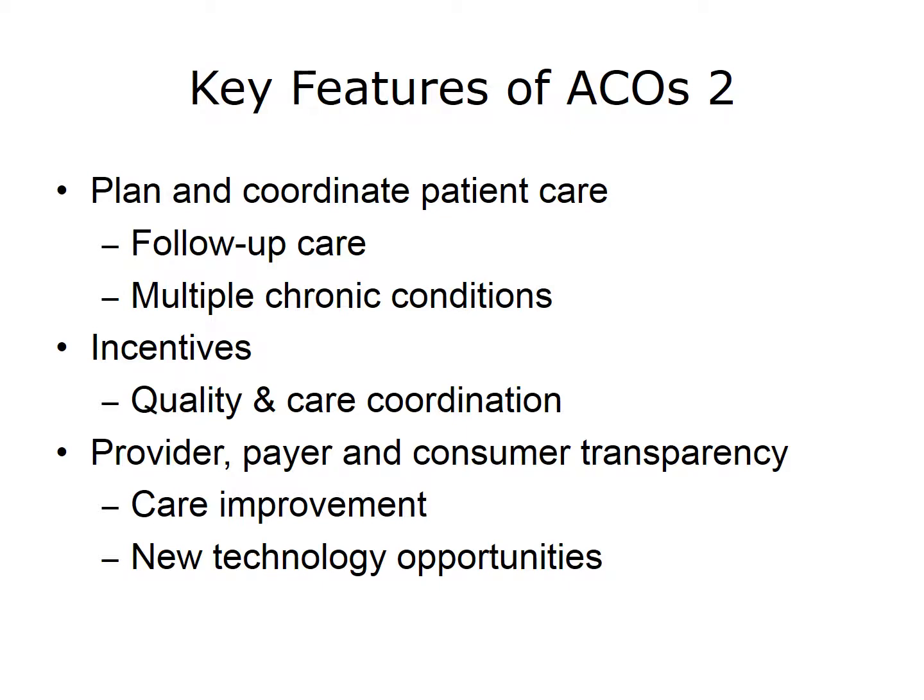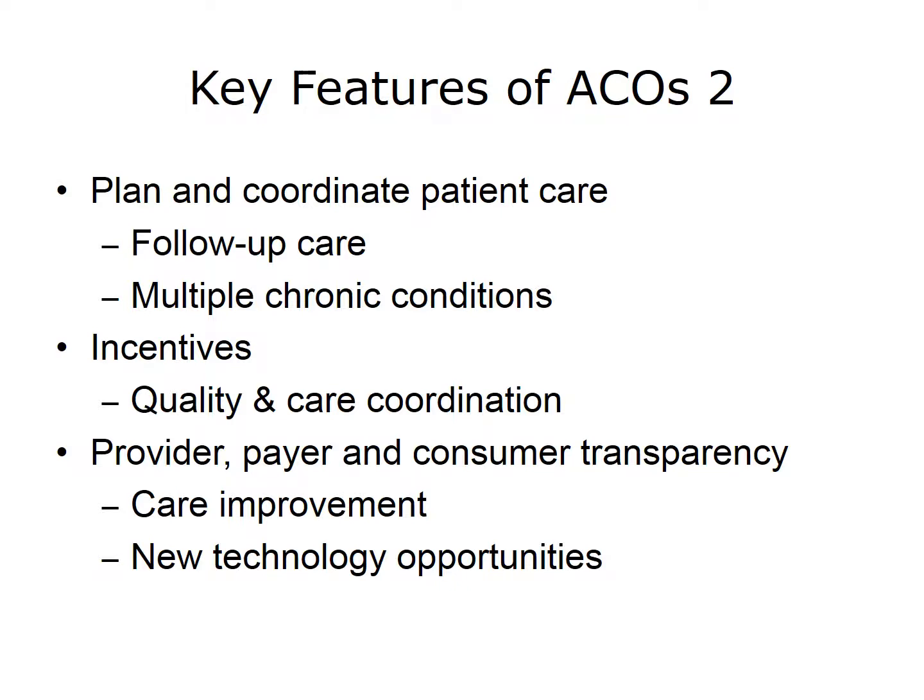Similarly, how will the complex care, behavior change, nutrition, and other needs be coordinated for a patient with multiple chronic conditions, such as diabetes? Thinking about and being accountable for care across the continuum will require ACOs to think differently and use technology in new ways.